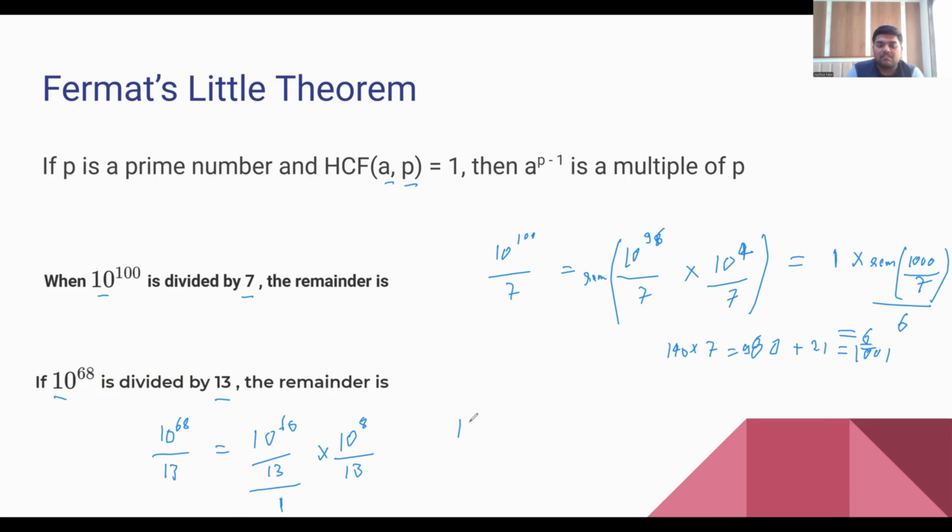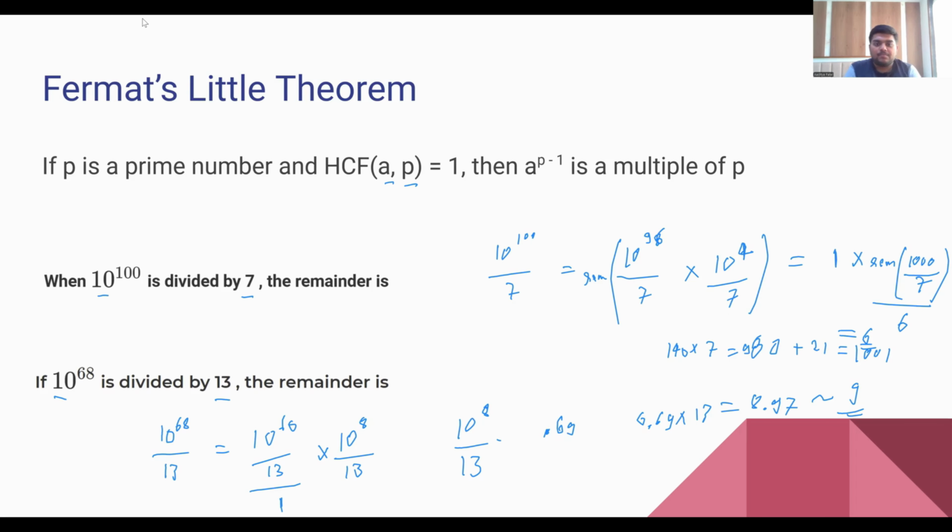And for 10 to the power 8 by 13, you can just put it down in the calculator that you'll get in the exam screen. And here the decimal will be 0.69 something, and 0.69 into 13 is equal to 8.97. So remainder is equal to not 8 but 9. You have to take the closest number. So this is how you can use the Fermat's little theorem for solving the questions here.